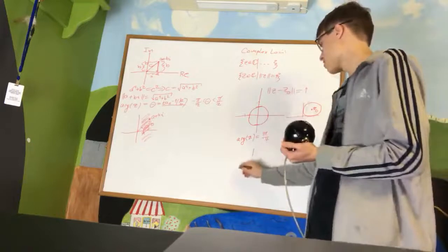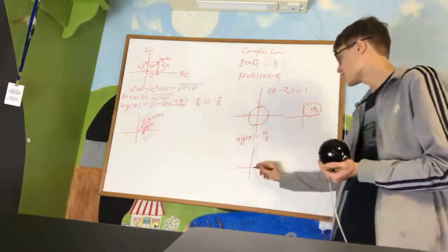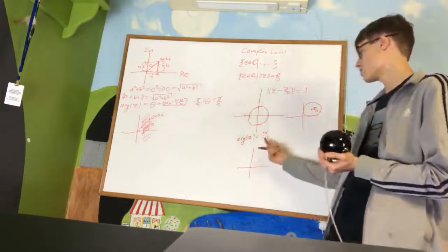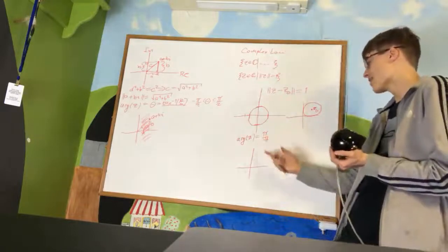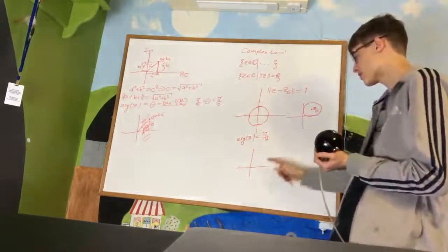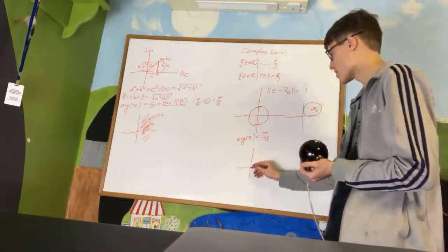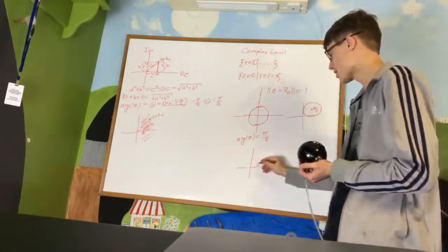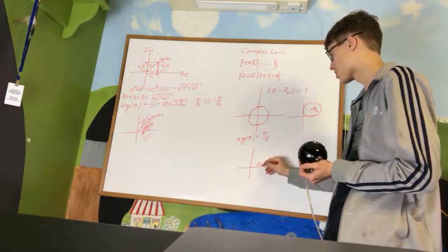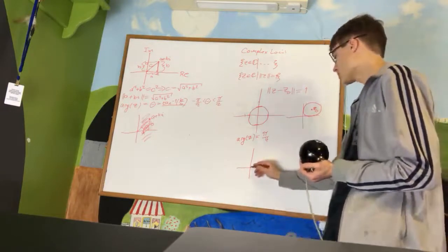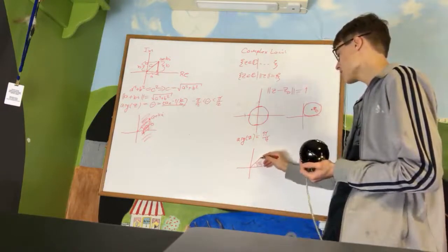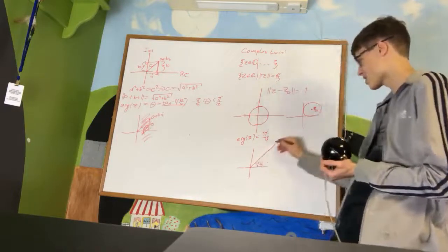Well, we have all the points at an angle theta of pi over 4 from this positive x-axis. So right here is the angle pi over 4. Then all points which are at pi over 4 look like this line, going like that.